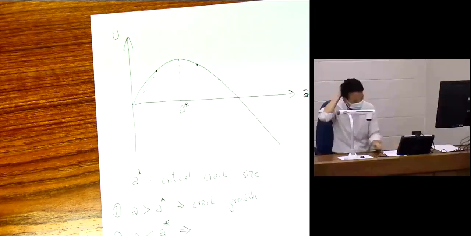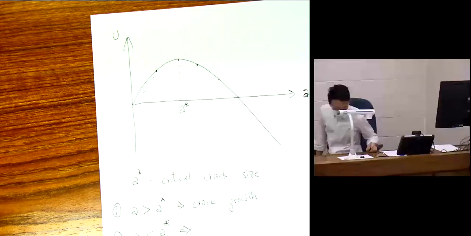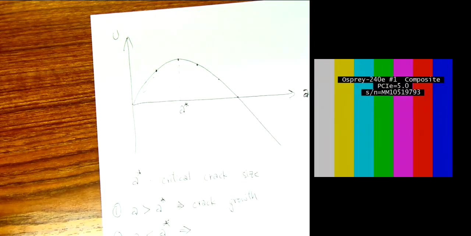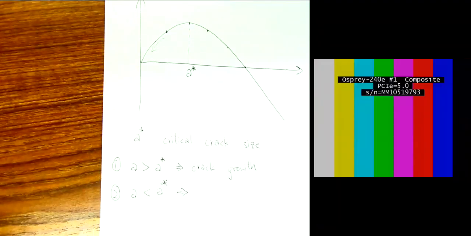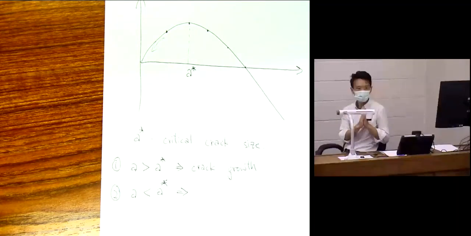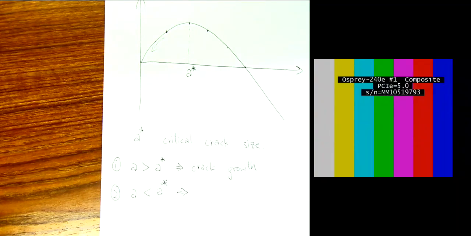Now, there is a simplification in this energy argument, because the breaking process and the healing process are very different at the atomic scale. In the breaking process, you just need to separate the atoms.